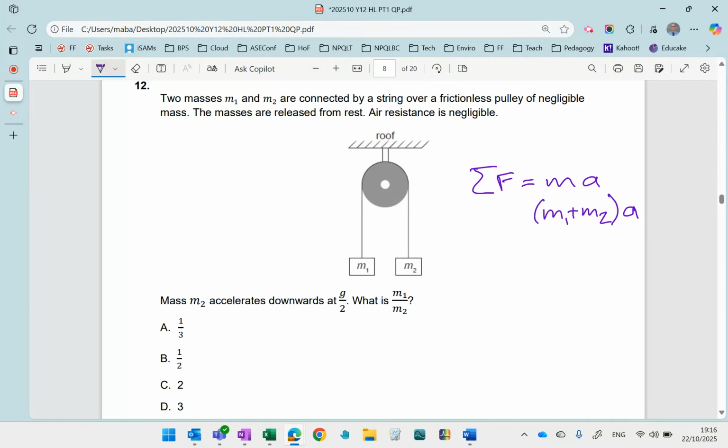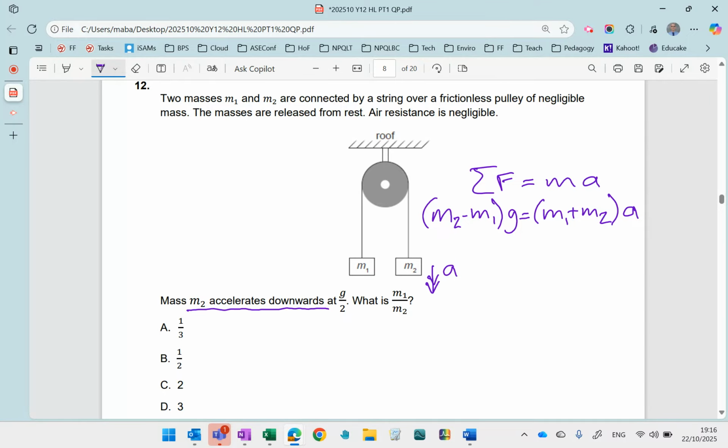Where's that force coming from to accelerate both those masses? Well, we know that m2 accelerates downwards, so if this one's accelerating downwards, this must be the larger of the two masses, right? So the accelerating force comes from the difference of the masses, so m2 minus m1, times by g, like that.